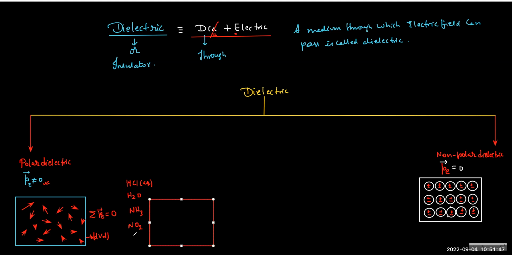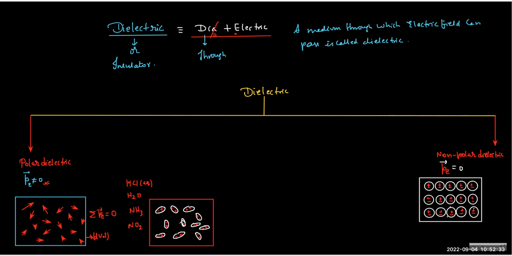So the diagram which is typically available in the books has the ovals. So in case of a polar dielectric, we represent it by oval shape.